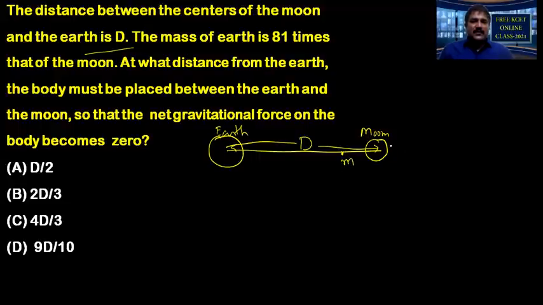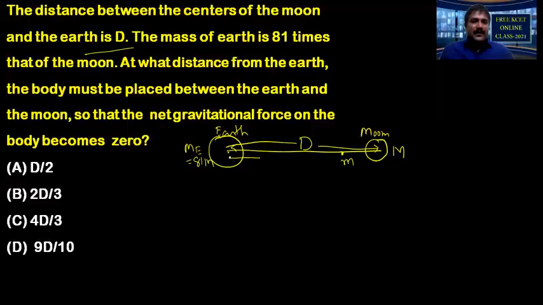Let me take the mass of the moon as capital M, and then the mass of the Earth as Me. Me becomes 81 times the mass of the moon, so Me equals 81 M. Now the separation, where we have to keep the object at a certain distance.